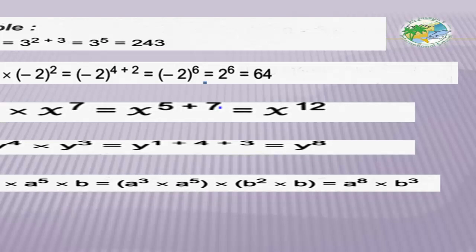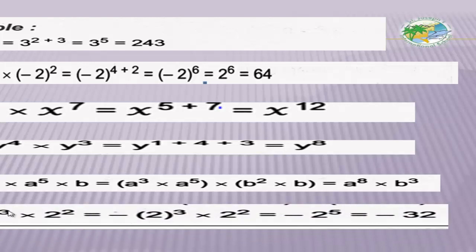Here b power 2 times b power 1, commutative together. Okay, then we write a and add the powers together, 3 plus 5 equals 8. Here the bases are equal, we write b and add the powers together, 2 plus 1 equals 3.